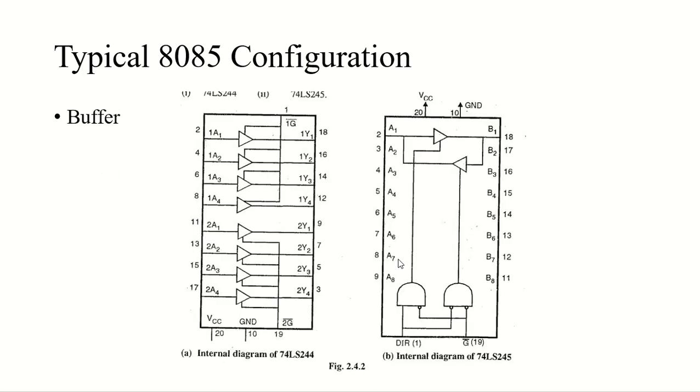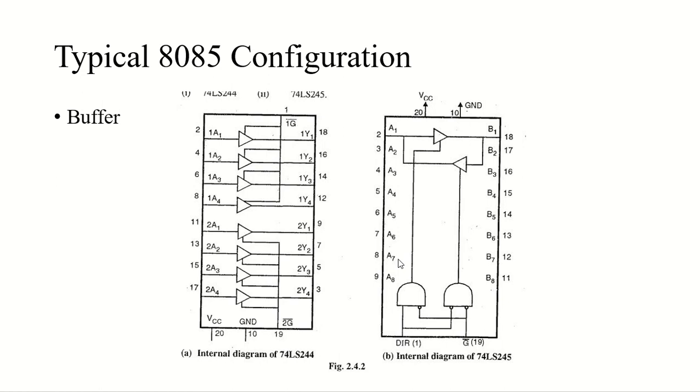Now let's see the second one. It's called a buffer, and many of you might be familiar with buffers. It's a logic circuit used to increase the driving capability of a line. So a buffer increases the power, which means the buffer increases the current of the line.